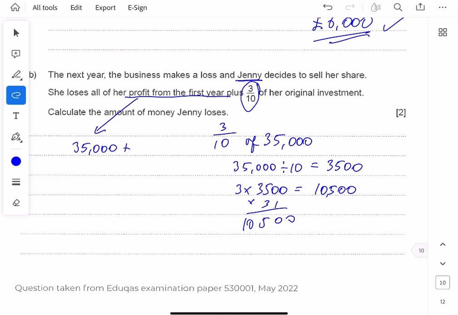Right, profit from the first year. It's not 35,000. What is it? It's in part A. We worked it out. So we need to change the first number, 35,000. So we're going to look at profit now. Profit from the first year.